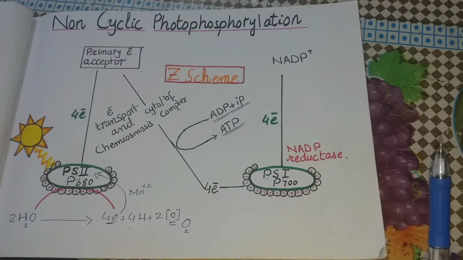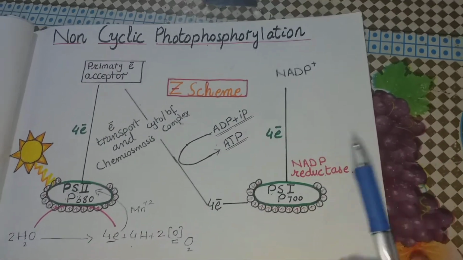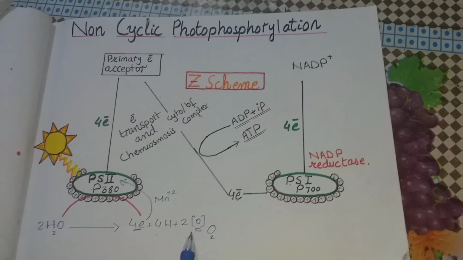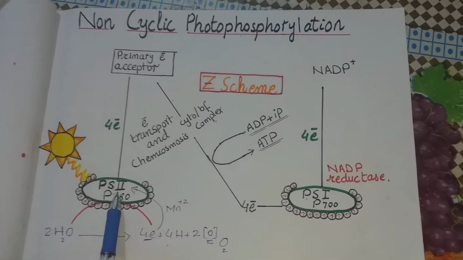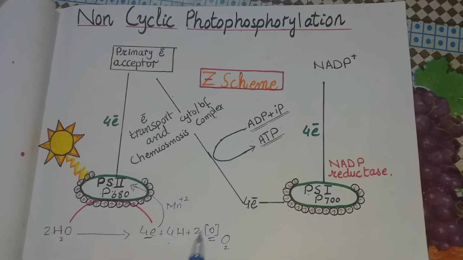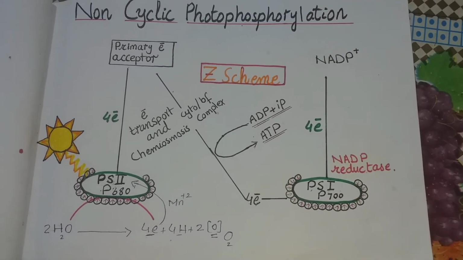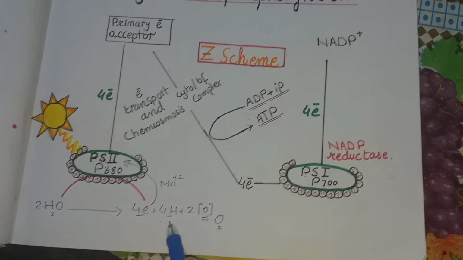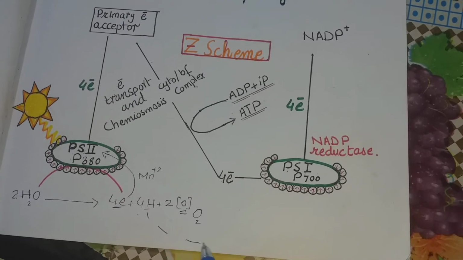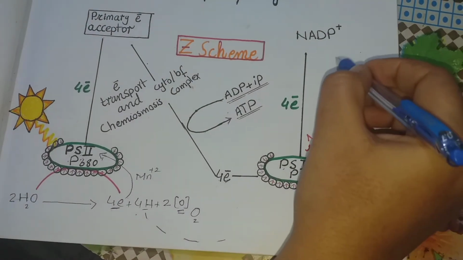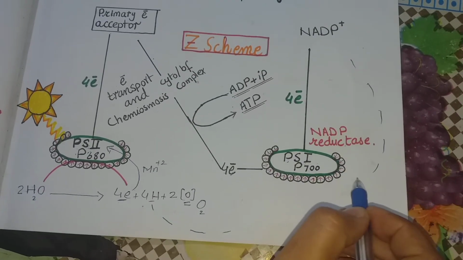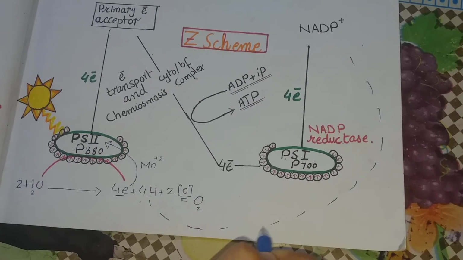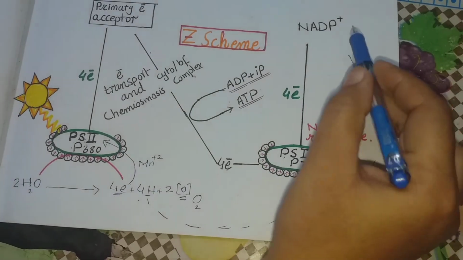So what do you think, from where will these 4 protons come? Look at this equation. These electrons were accepted by PS2, and here 4 hydrogens are remaining. So these 4 hydrogens will be taken by NADP+.